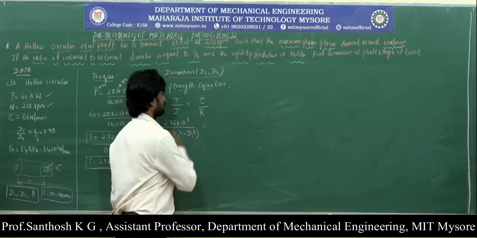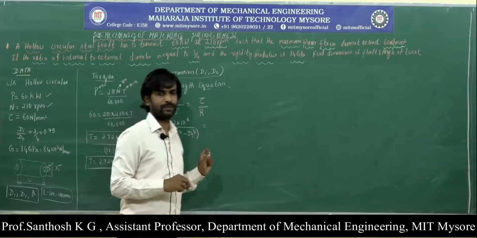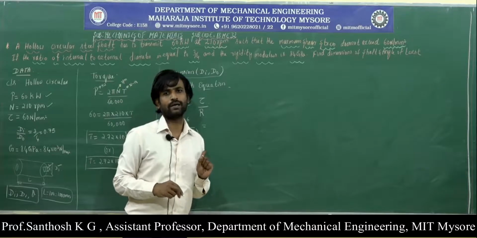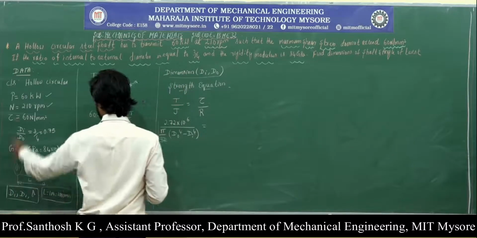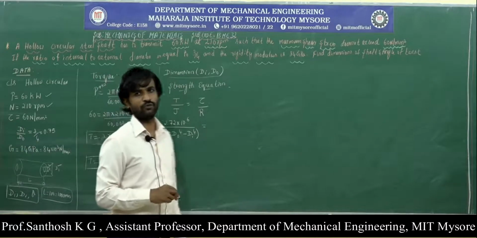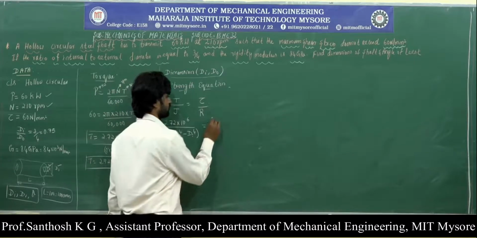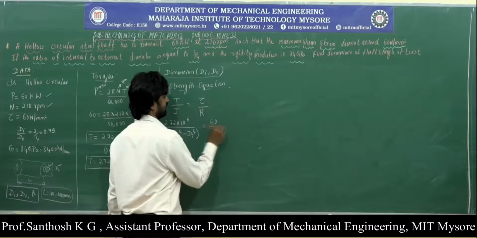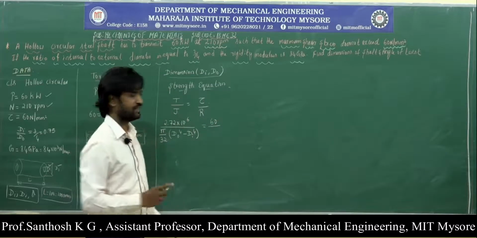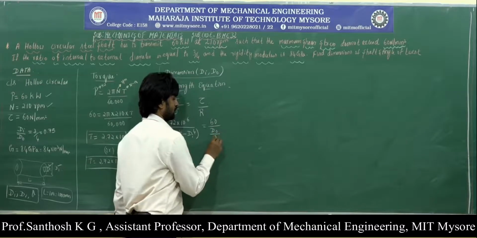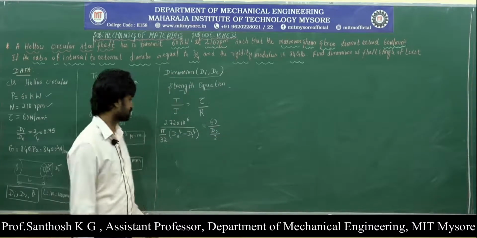This equals tau, the shear stress in Newton per millimeter square. Here the value of tau given is 60 Newton per millimeter square. And R, for a hollow shaft, is d naught divided by 2.